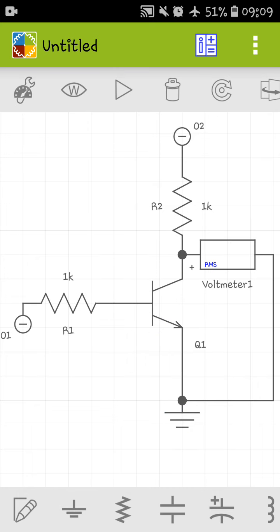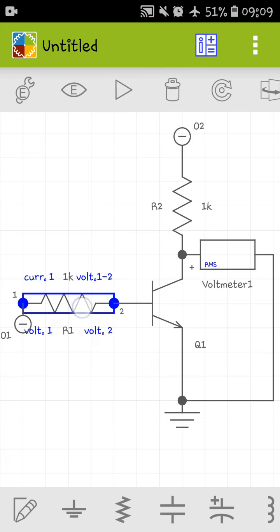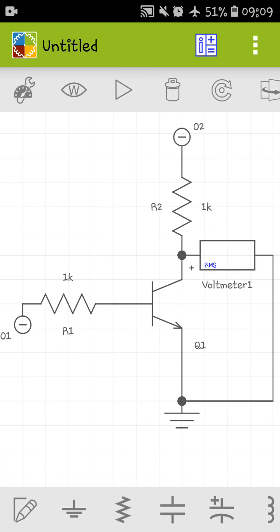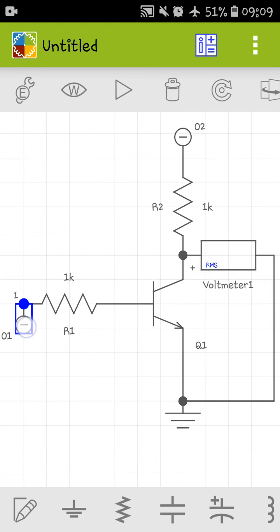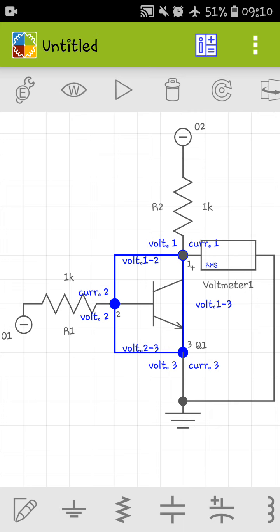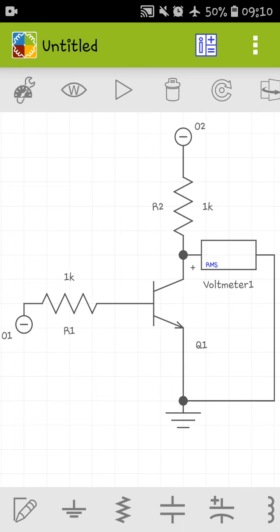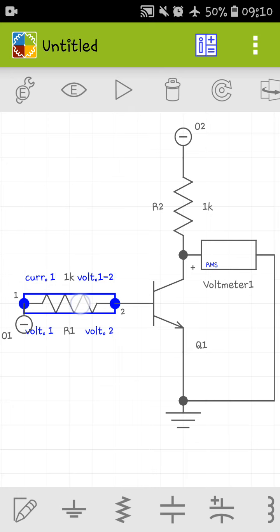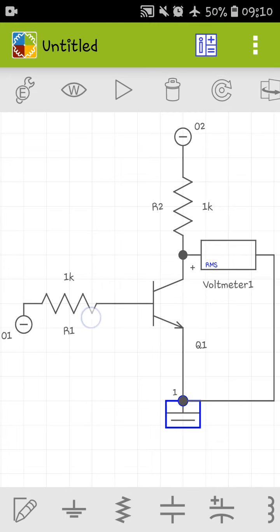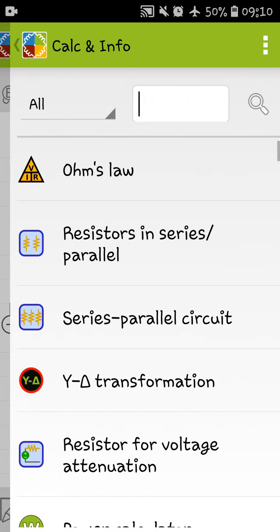This is the simple KVL. 5 volt minus base current into R1 minus 0.7 equals 0 volt. So 5 minus 0.7 is 4.3 volt, and 4.3 volt minus base current into R1 equals 0 volt.